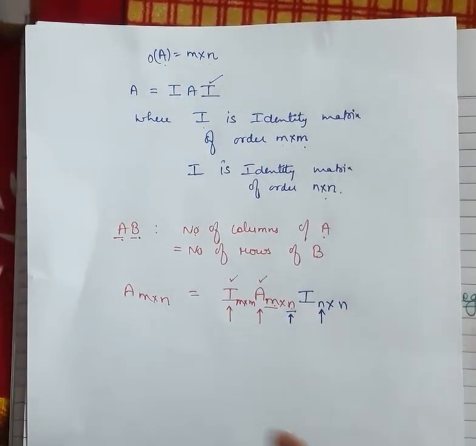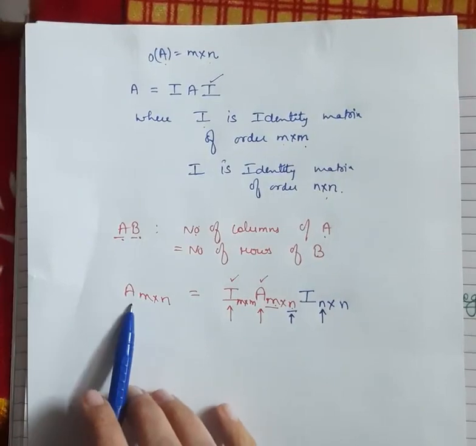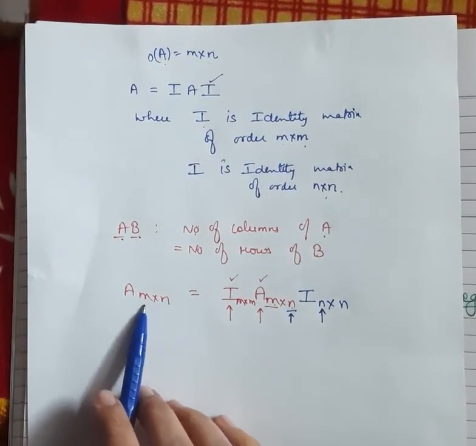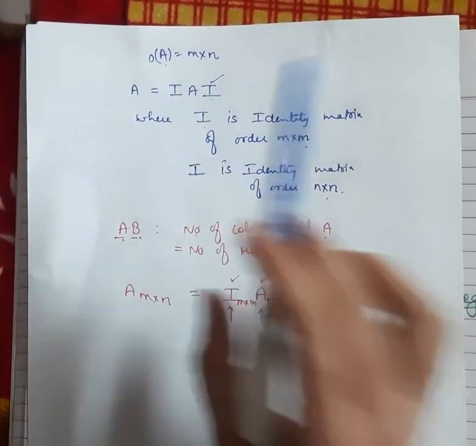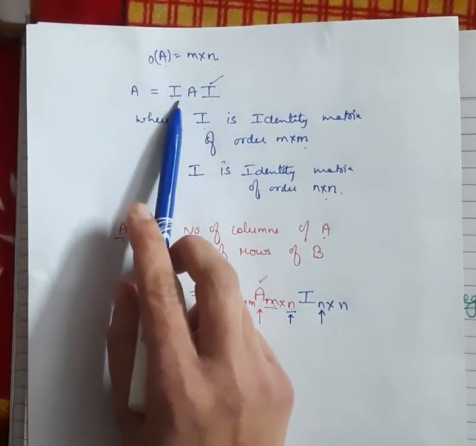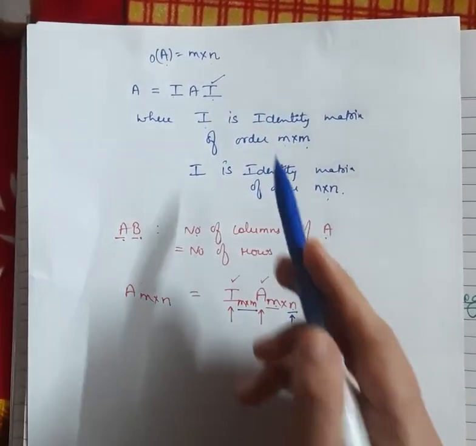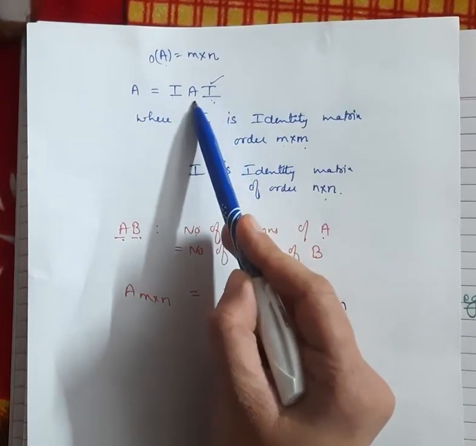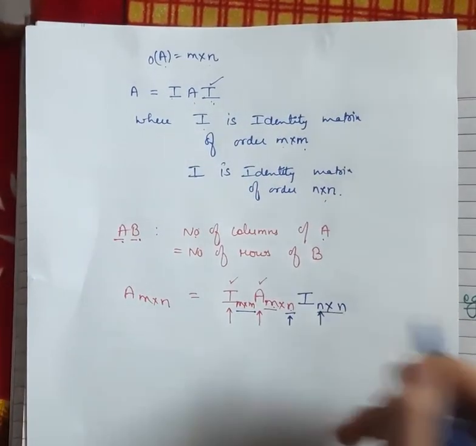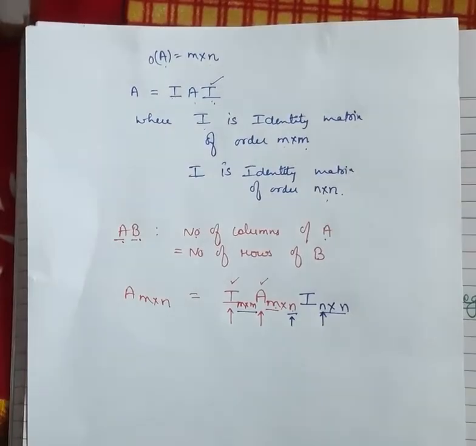I hope it's clear to everyone. So when we are writing A, which is of order m cross n, as IAI, then the identity matrix which is pre-multiplied with A is going to be of order m, and the identity matrix which is post multiplied with A is going to be of order n cross n.